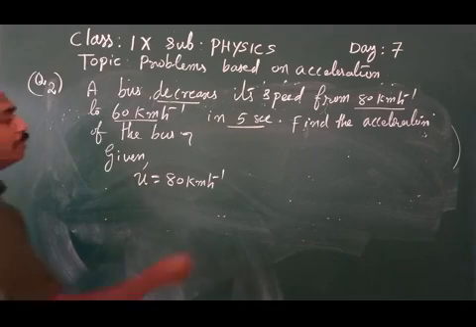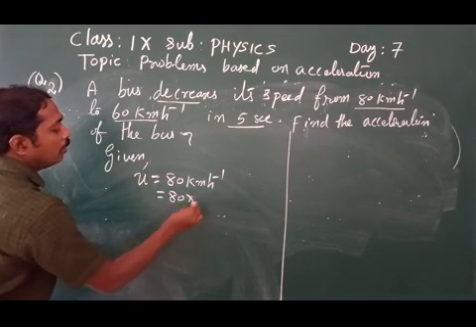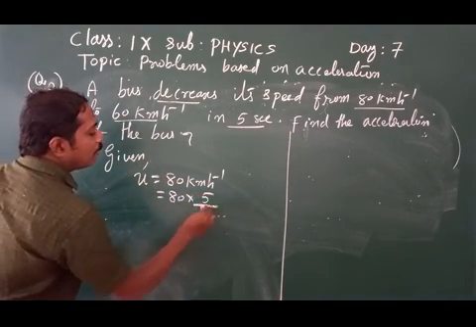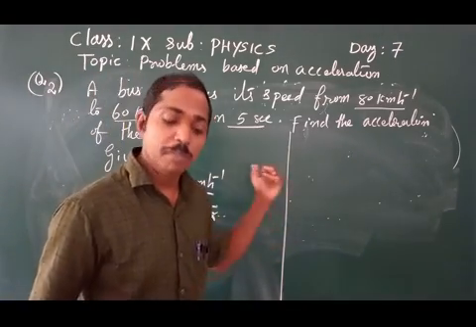So which value will we do? 80 into 5 by 18. That is the conversion I told. Why? We have to convert into meter per second.